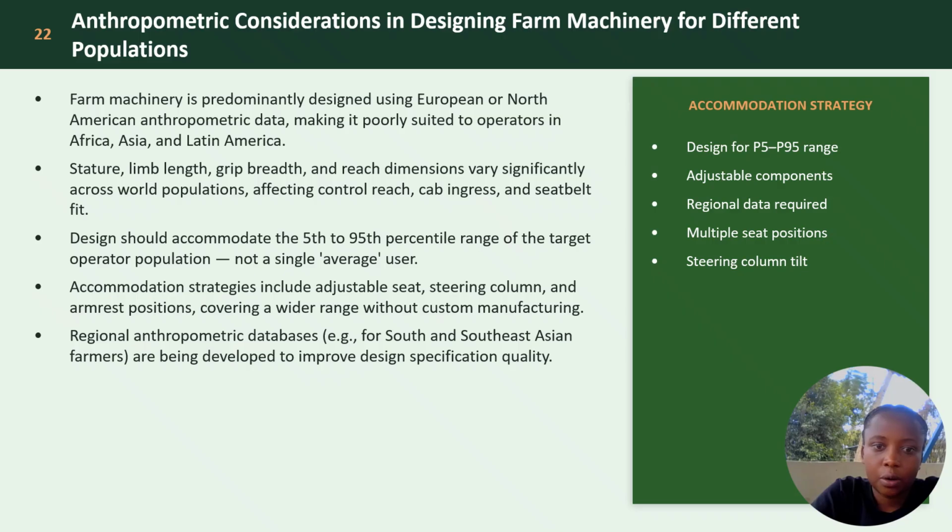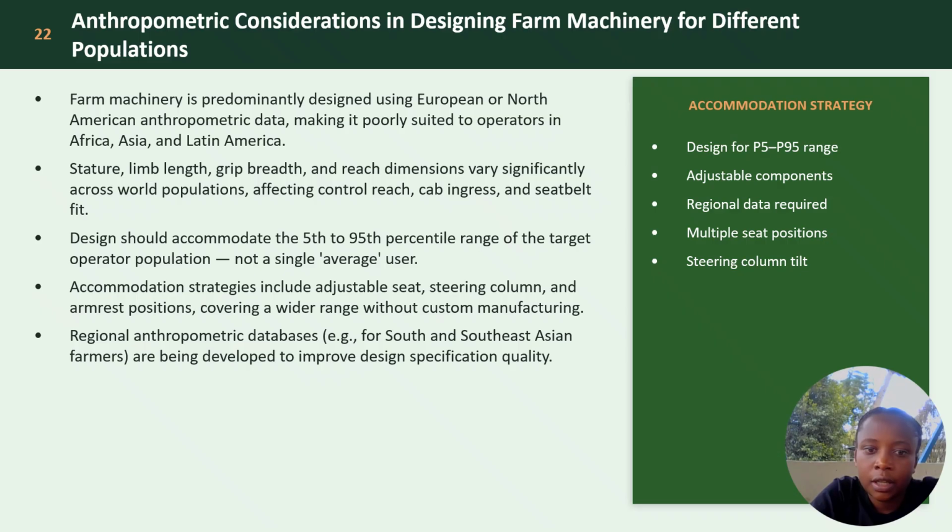Design should do accommodation on the 5th to 95th percentile range of the target operator population, not a single average user. Accommodation strategies include adjustable seat, sliding column, and armrest position, covering a wider range without custom manufacturing.